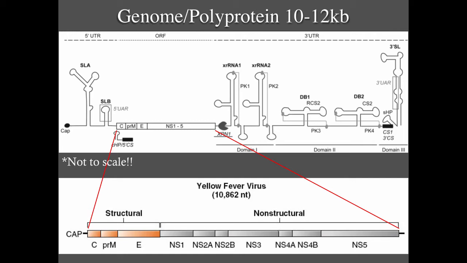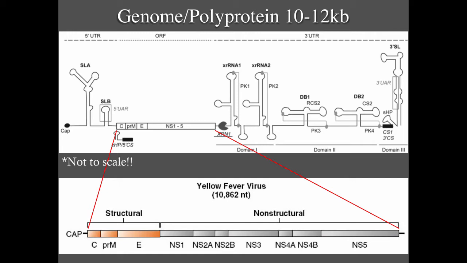The proteins encoded by the genome are here. The 5' end is the structural region. That's the capsid protein that associates with the nucleic acid within the virion. The PRM protein, which I mentioned before, functions largely within the cell before maturation, or that furin cleavage event, as something of a chaperone for the E protein, which is the envelope that we discussed.